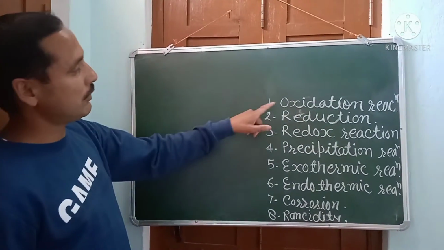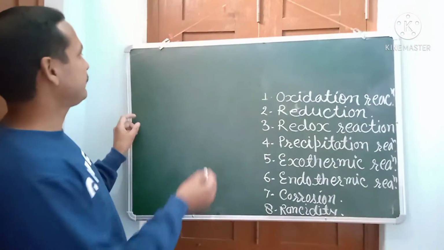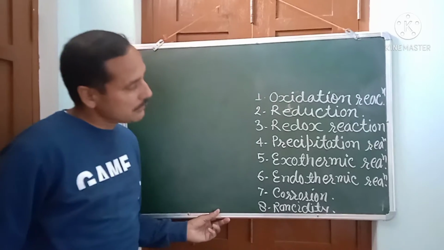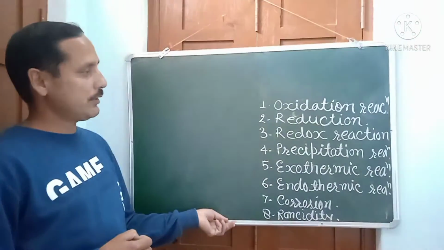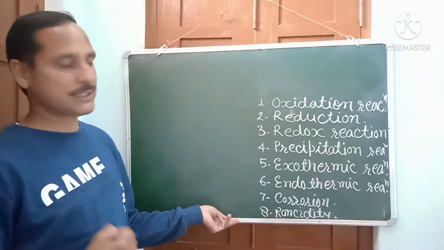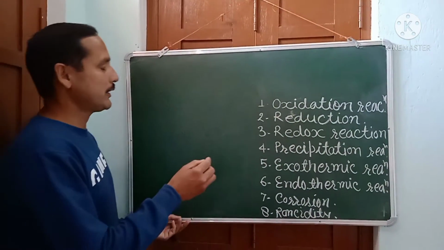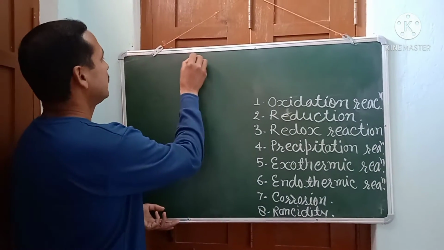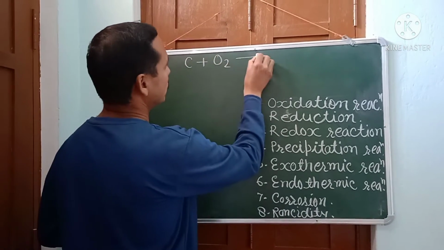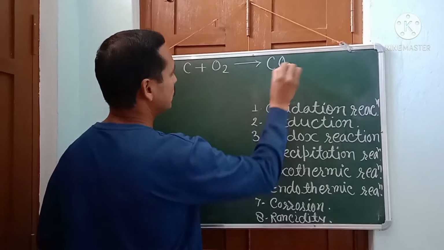First we will discuss oxidation reaction. Any reaction in which oxygen is added or hydrogen is removed is called oxidation reaction. We will take an example: C plus O2 gives CO2.